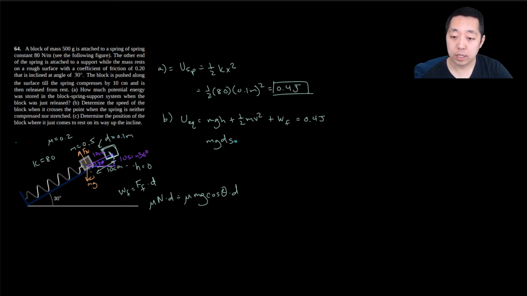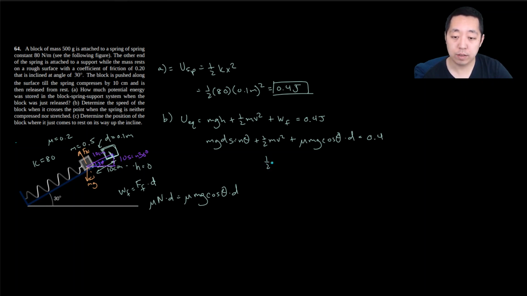d times sine 30 degrees, sine theta, plus 1/2 mv squared, plus the work done by friction, which is mu mg cosine theta times d, is equal to 0.4. And so I'm going to divide by m. Well, I could factor out an m. Basically I'm going to move all this to the other side and then divide by m.